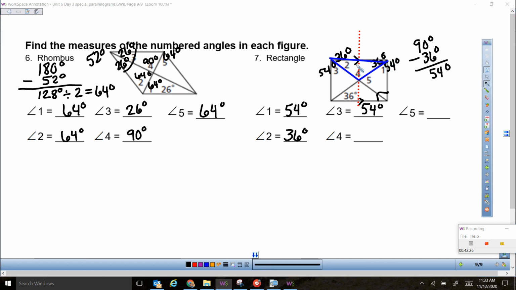So in this blue triangle, I have 36 and 36. So I need to add those two together. So it's 36 plus 36. 72. So I need to do 180 minus 72 to find angle 4. And what is that? 108. So angle 4 is 108 degrees.